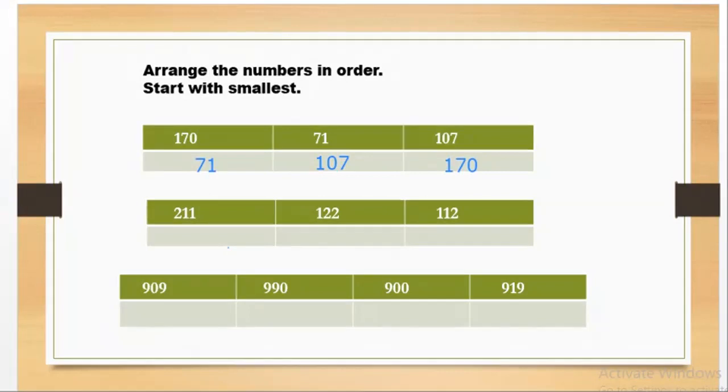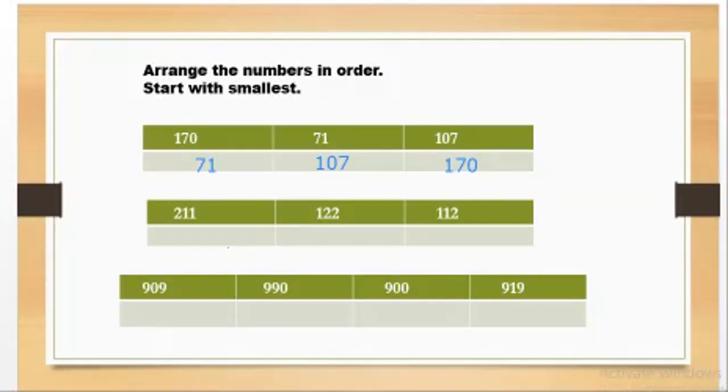211, 122. So between these two numbers, which is the smallest one? First compare these two numbers. 122 is the smallest number, and now you are going to compare the rest of the numbers with it.